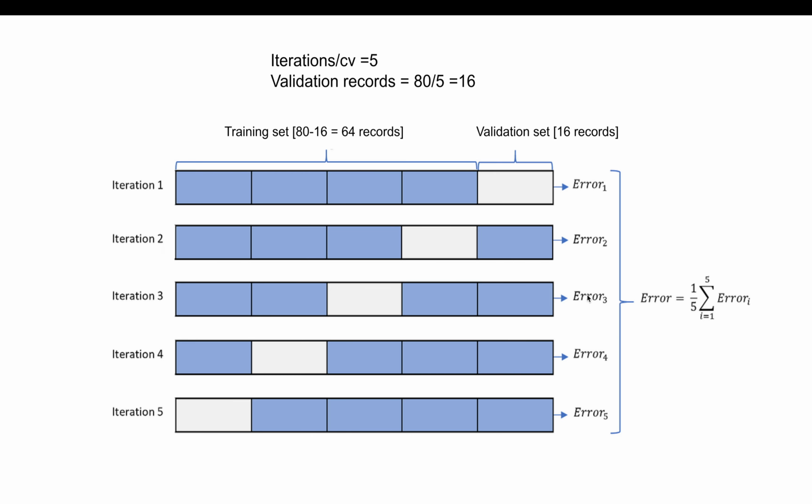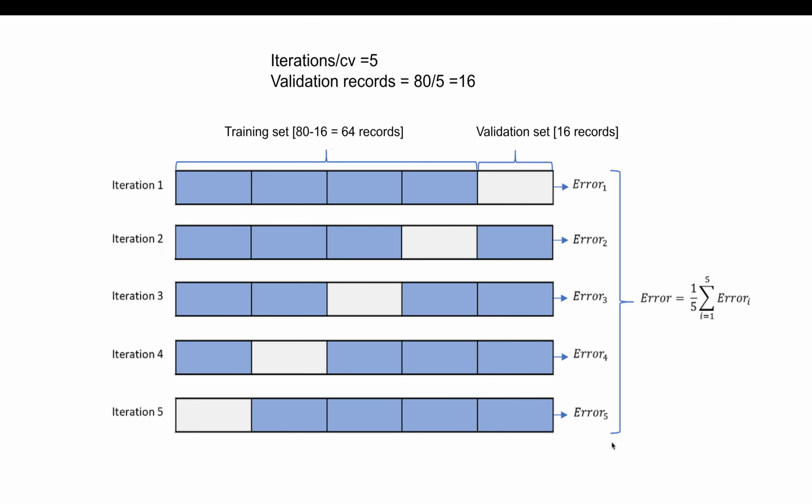This is one type of cross validation that I am showing you, on how the validation data set is chosen. Here the 16 records are chosen, and it is made sure that each of the 80 rows from your training data set is used as the validation set in each iteration. Now from each iteration you will get some error, and this error is nothing but y minus y hat, right?